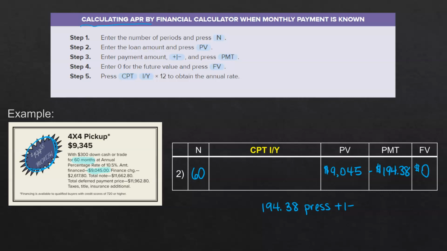Okay, now it says press compute I/Y. And that's exactly what you do. The compute key, remember, is up in the upper left-hand corner. Compute I/Y, and then here's what you'll see on your screen. You will see 0.87439871.